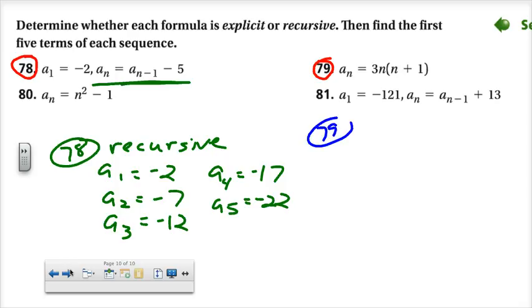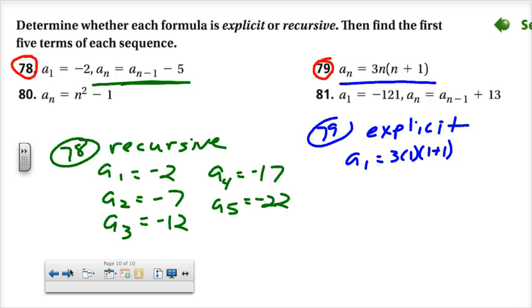79, I'm looking through this, I see n's. There is no previous term notation, so this is explicit. And what I'm going to have to do is put a 1 into the formula to get the first term. So that will be 3 times 1 times 1 plus 1. Well, you follow the order of operations, so this will give you 2, and then 3 times 1 is 3, and 3 times 2 is 6.